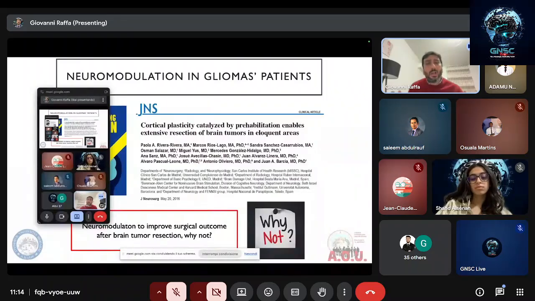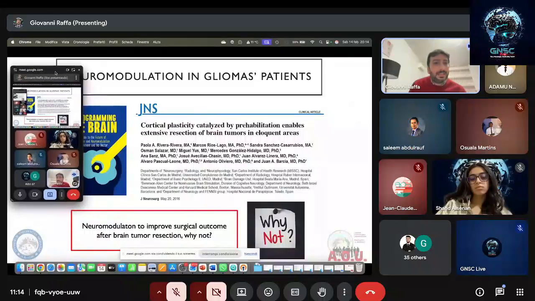This was not our original idea. There are some papers, like this one published by a colleague from Spain, that used direct cortical stimulation to try to modify the connectivity around the gliomas to improve the efficacy and safety of the second resection.